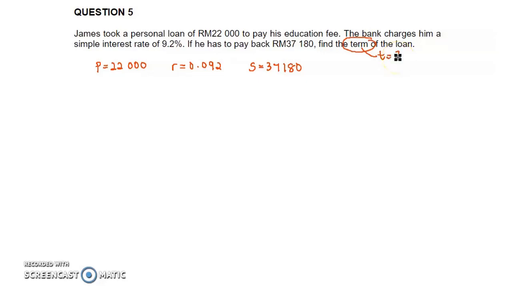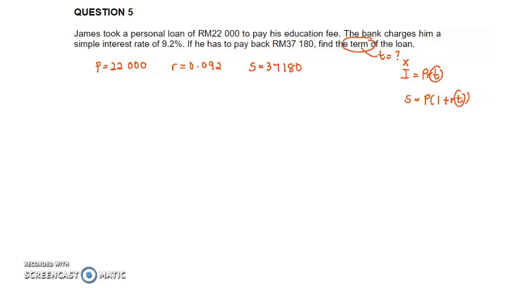Okay, now which formula we want to use? Okay, so again we have I equals to PRT, and second one S equal to P1 plus RT. So now we want to find value T. Okay, check each value. So I, do we have I?